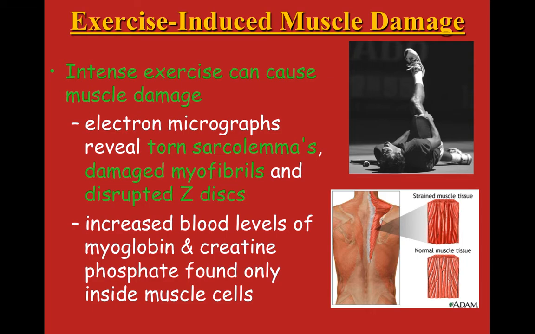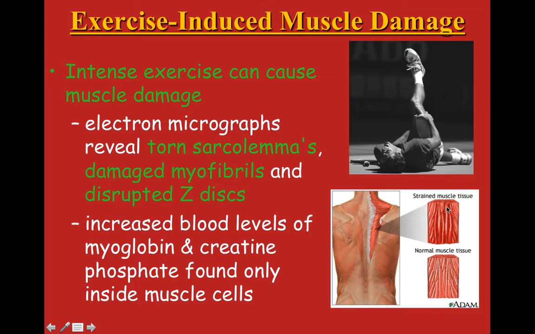Electron micrographs reveal torn sarcolemmas, damaged myofibrils, and disrupted Z-discs. We can see in this picture that normal muscle tissue is more of a lighter red color. All of the muscle fibers are where they're supposed to be.